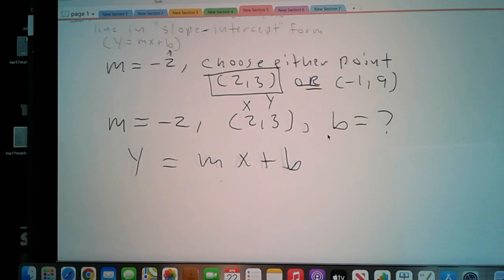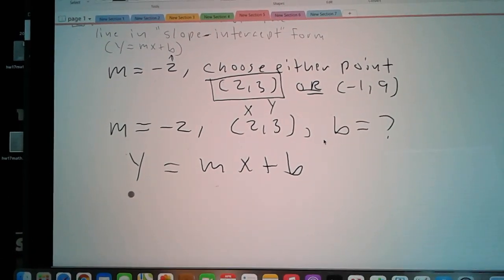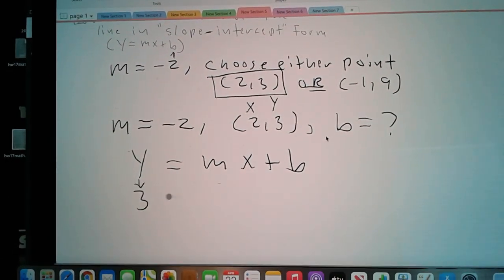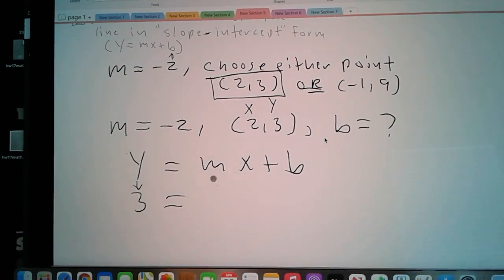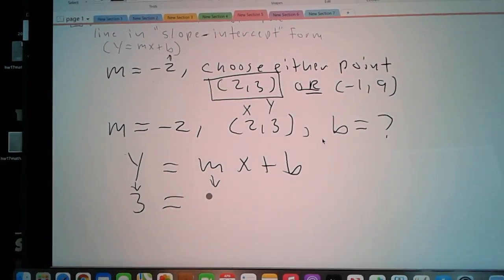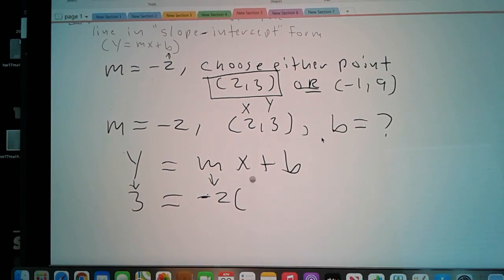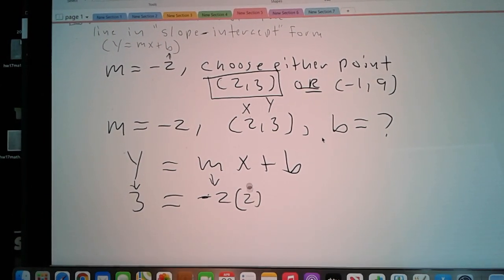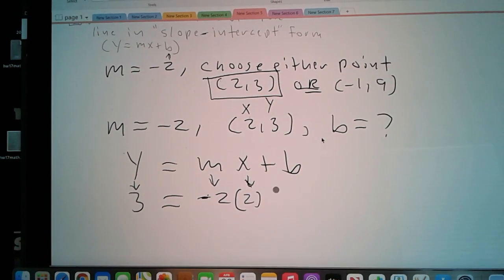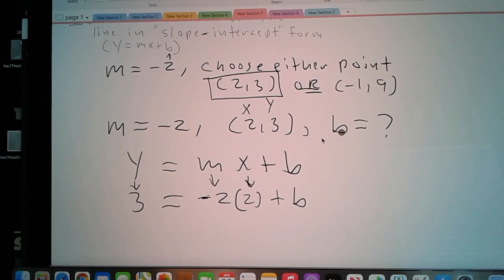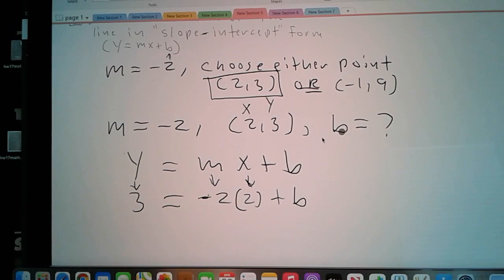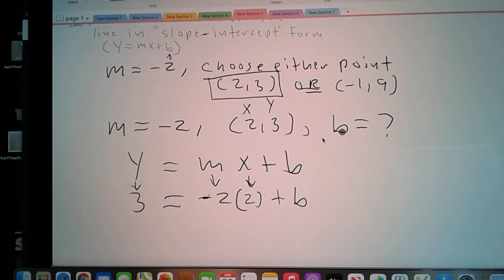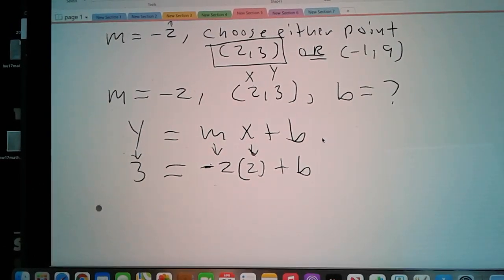So y equals mx plus b. I already know y is going to be 3, so I'm going to put in 3 for that. I'm going to put in negative 2 for m because we got that from part A. I'm going to put in x is 2. And I don't know what b is. That's what we're trying to find. So we just have to solve this.